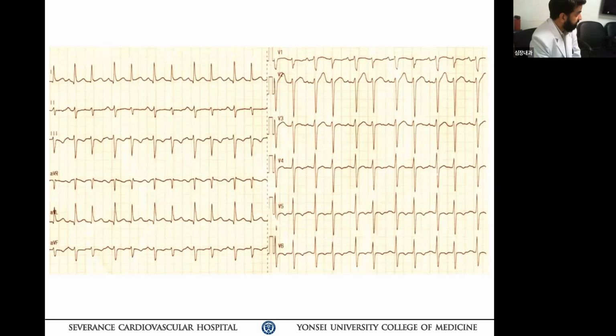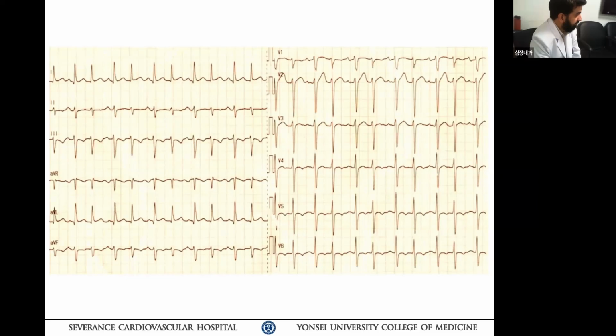So I can see the pattern of the repolarization is light. So I think there is a problem of left side conduction, I guess.